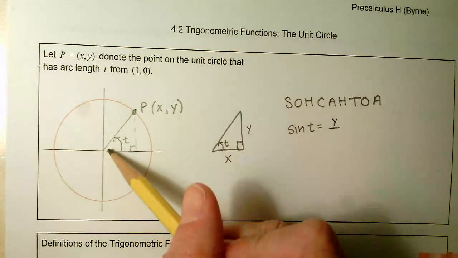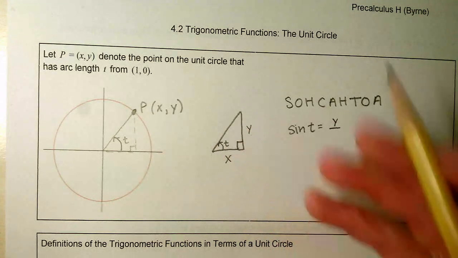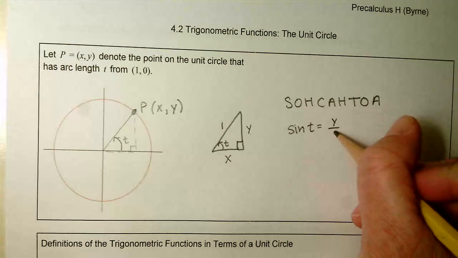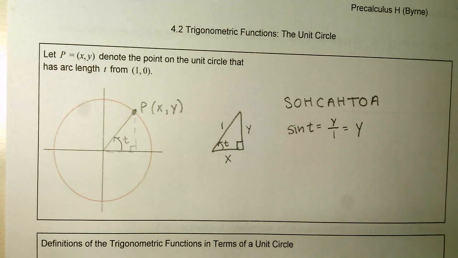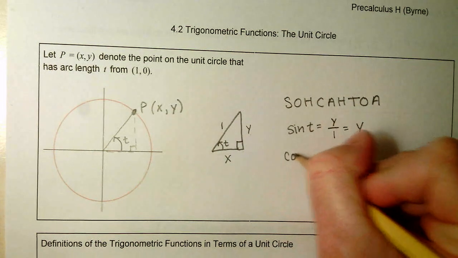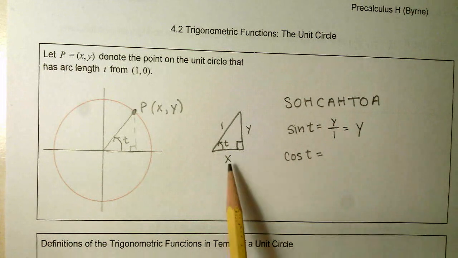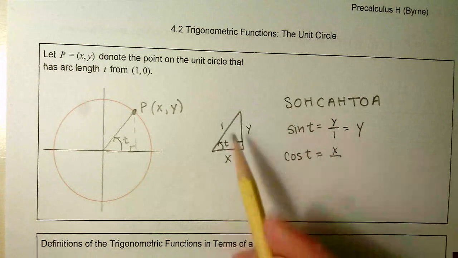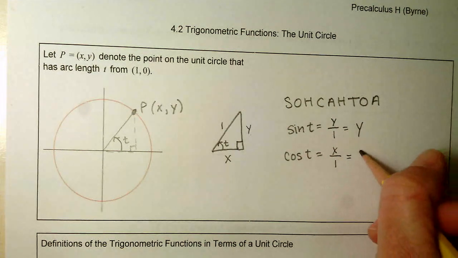But what did we say every radius on the unit circle is? This is 1. So our sine of t is going to be y over 1, or just y. And our cosine of t is going to be equal to our adjacent, which is x, over our hypotenuse, which is 1, and x over 1 simplifies to x.